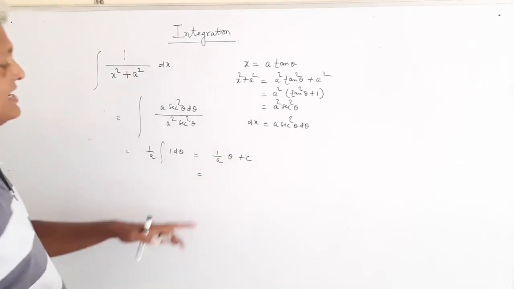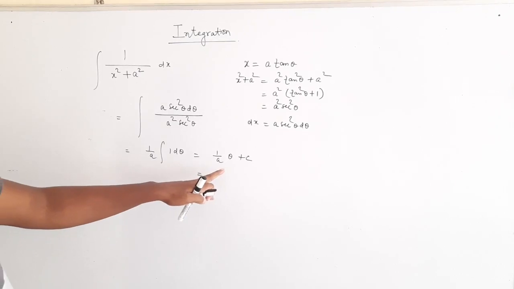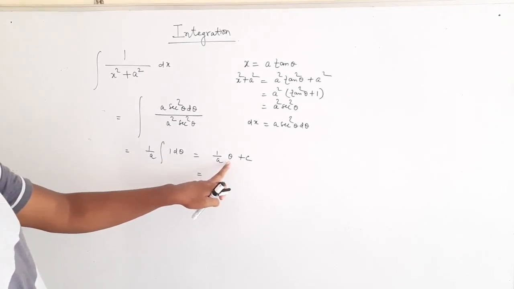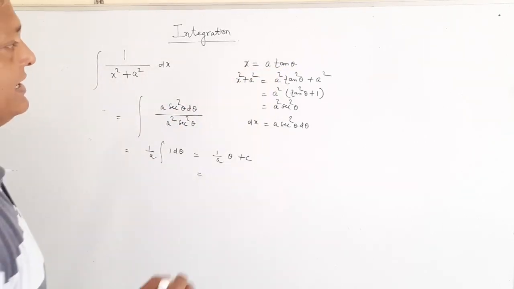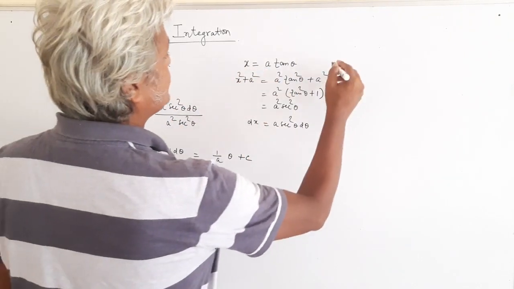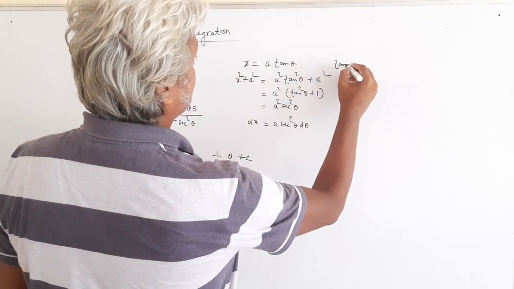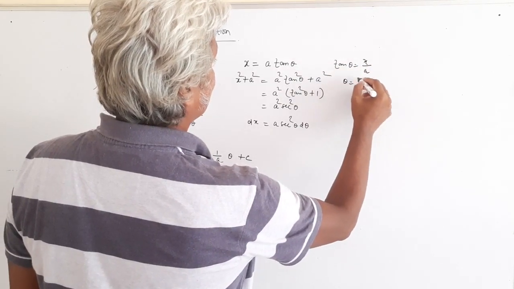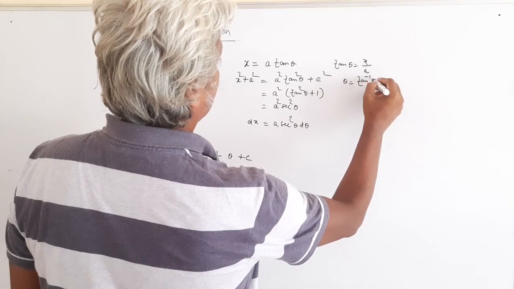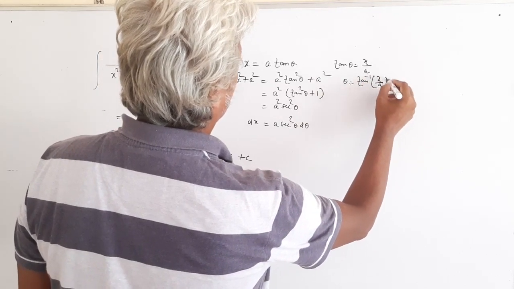Since it is the method of substitution, we would like to express our answer from theta back in x. Here see that x is a tan theta. It means tan theta is x over a, and then theta is tan inverse x over a.